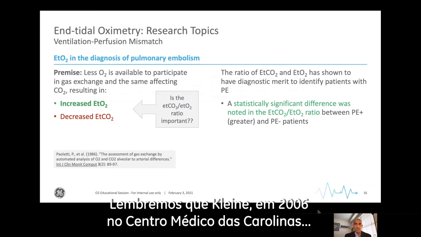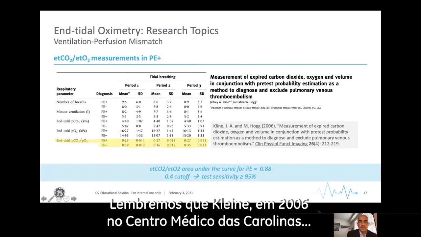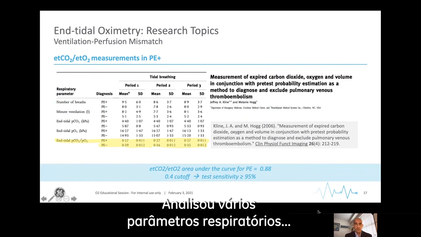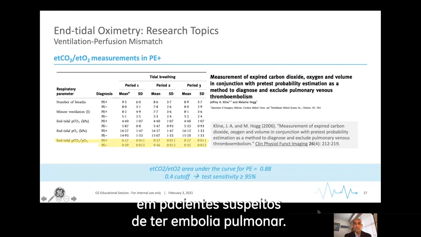Interestingly enough, Klein, back in 2006 at Carolinas Medical Center, actually did a study on this, looking at various respiratory parameters in patients suspected of having pulmonary embolisms.